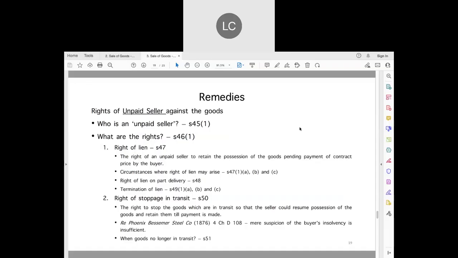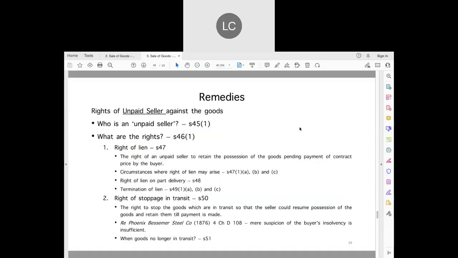Paragraph (a) is quite self-explanatory because it means that the buyer has not paid or offered to pay for the goods. And then paragraph (b) essentially refers to payment by a bill of exchange, for example, a cheque, which is subject to clearance.